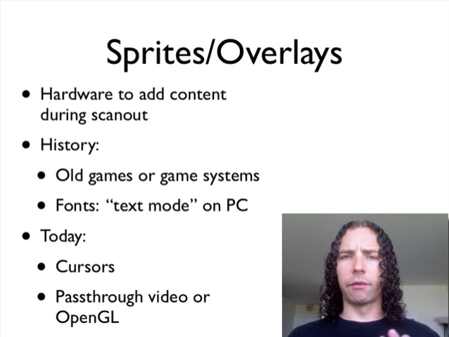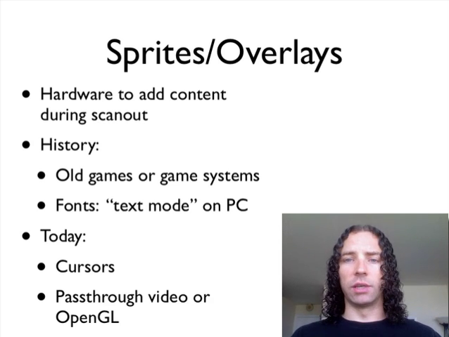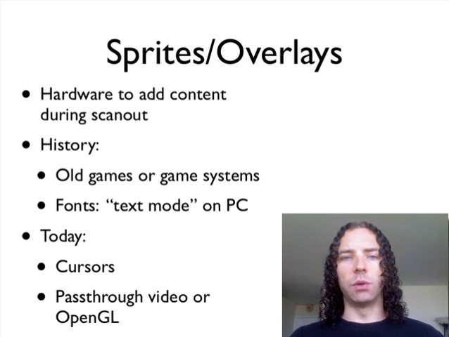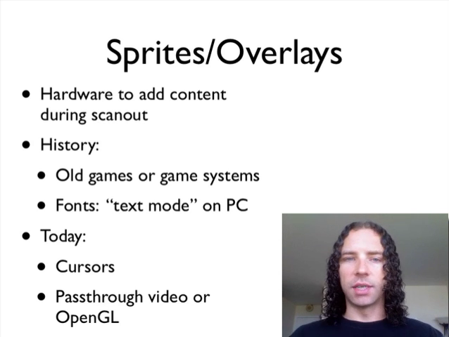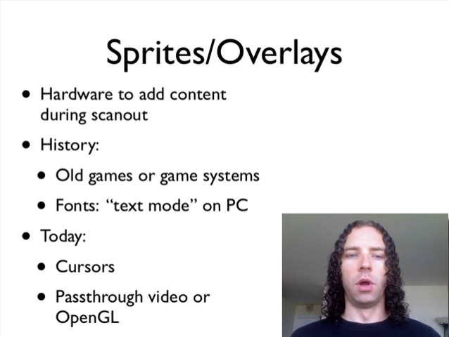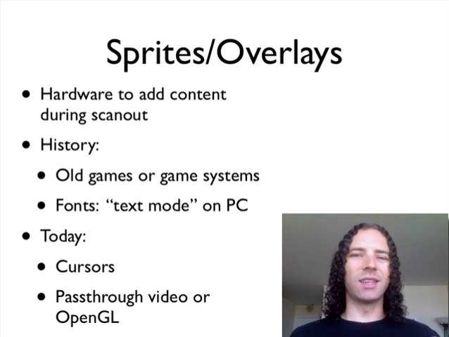Sometimes for either an optimization or power savings, this is also used for things like video or OpenGL. You could say you have a screen which has no content changing on it, but you're watching a video in a window right in the middle of it. Well, if you had to recomposite the entire screen for every frame of video, that's going to be 30 frames a second. That's a lot of composition, considering that nothing's actually changing.